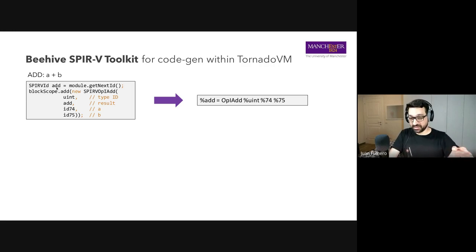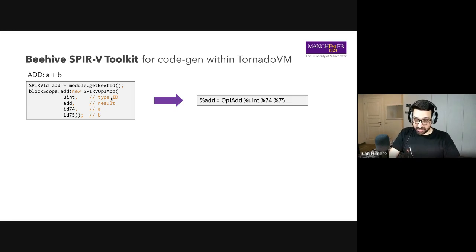This is because SPV is an SSA representation, so we get unique IDs per kind of sentence, if you like, per variable or per operation. So we request an ID and we add to the current scope, which could be a function scope, or an if condition scope, and so on and so forth. We add an operation, and the operation is SPV op IAdd.